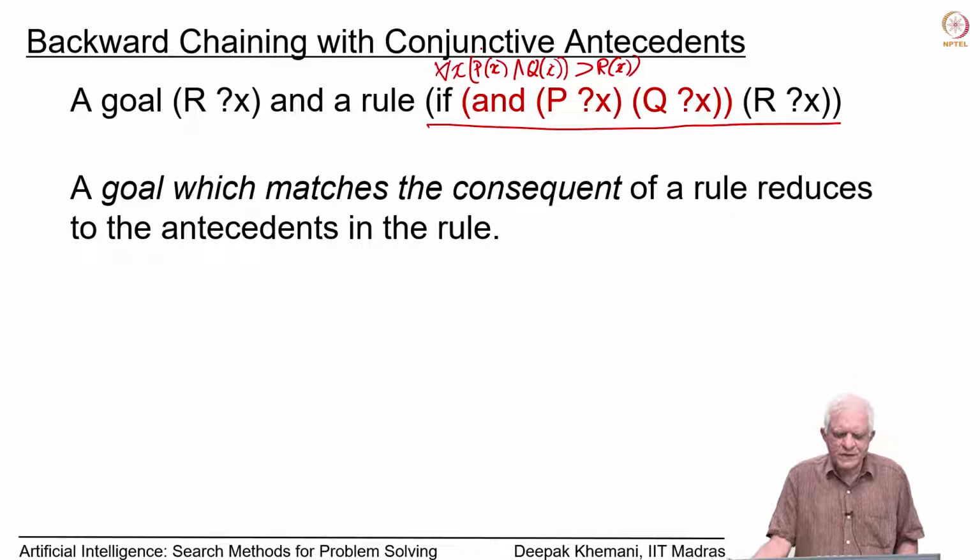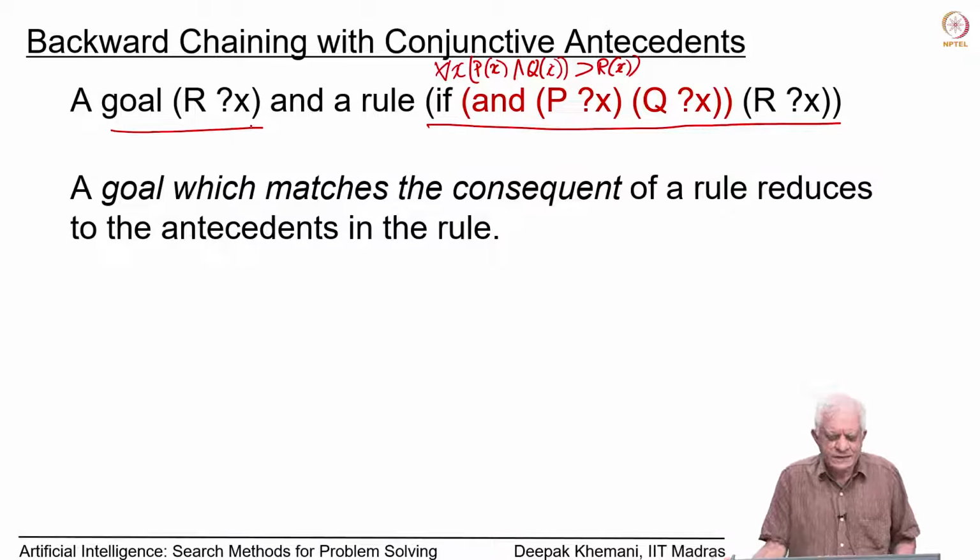Anyway, coming back to backward chaining. So, given this rule and given a goal, and by now we have got used to the idea of existential goals, we are saying, is there something which is an R, or is Rx true for some x, or is the formula exists x Rx true?